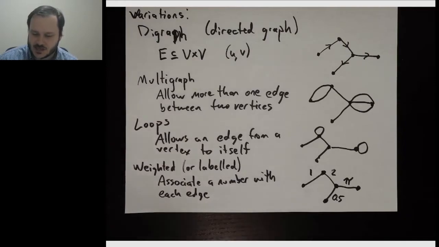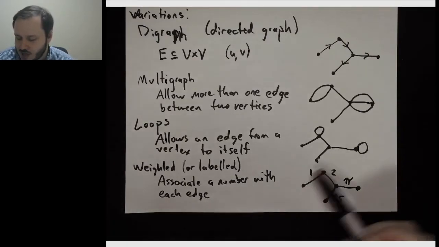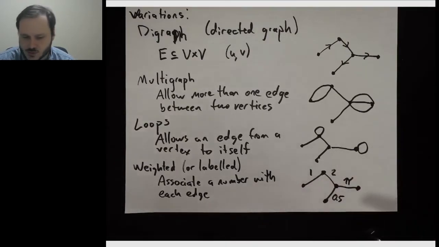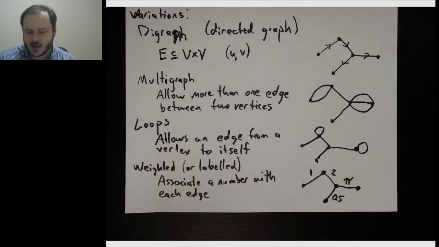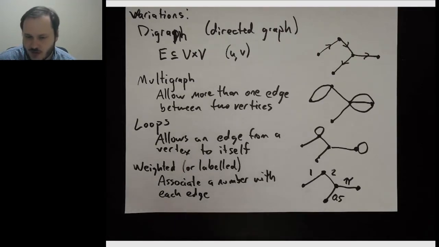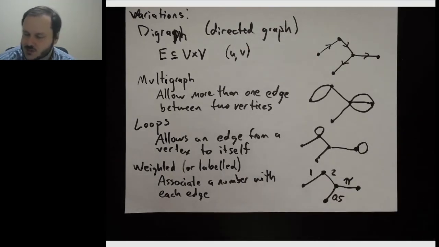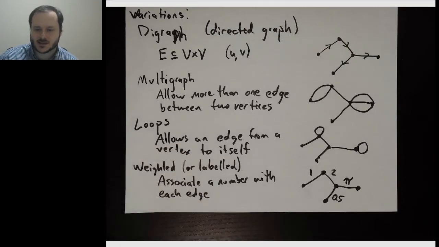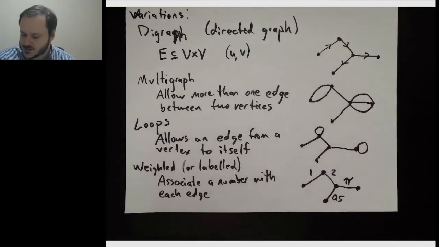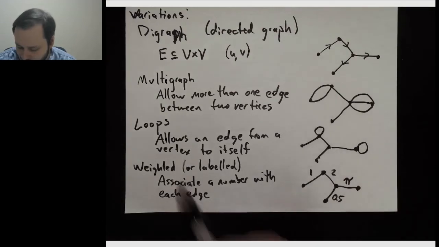So maybe you're interested in what is the cheapest path or the shortest path between two vertices. Maybe your path represents cities, and you want to travel to all of the different cities, and you've labeled the cost to fly from one city to another, and you want to find the cheapest way to go on your vacation.